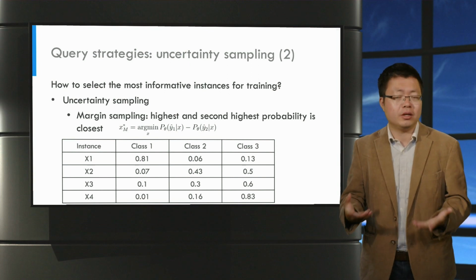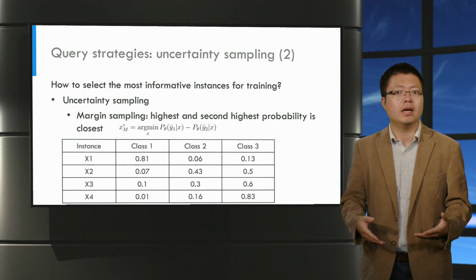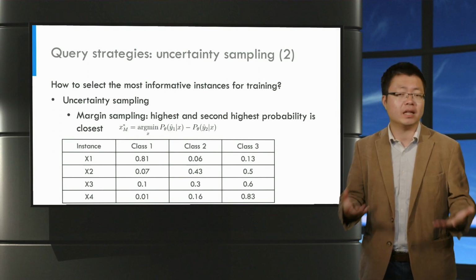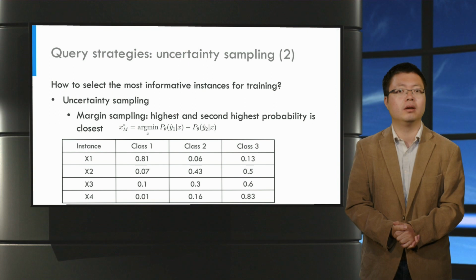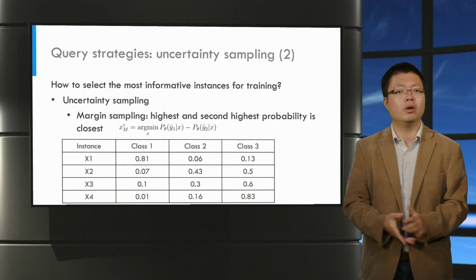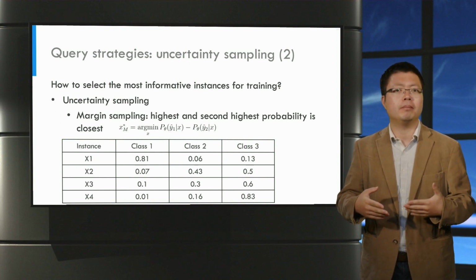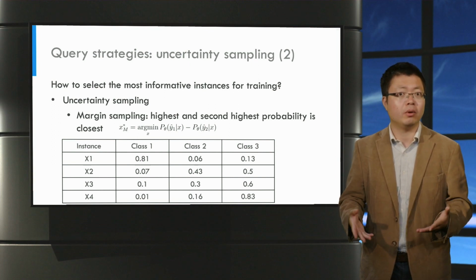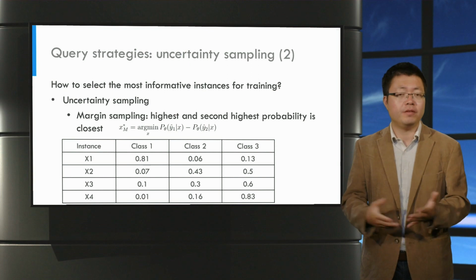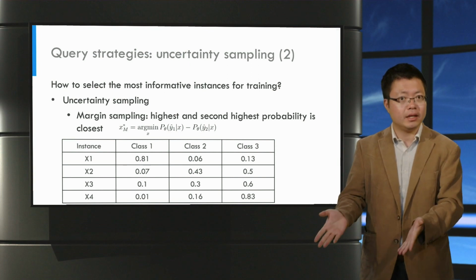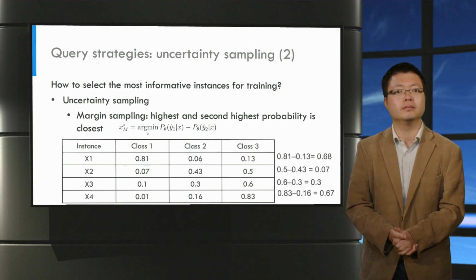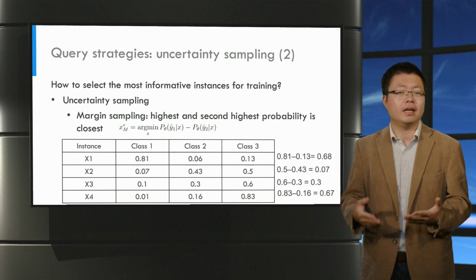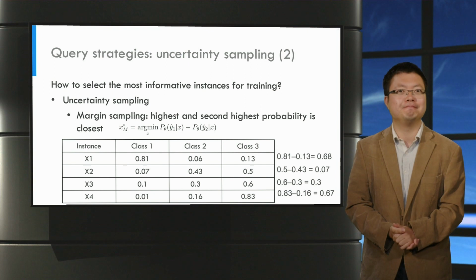Instances with small margins are more ambiguous, and knowing the true label would help the model discriminate more effectively between them. For this same example, which instance has the biggest margin in the prediction for the 2 most probable labels? We first calculate the margin like this. So we would first select x2 again.